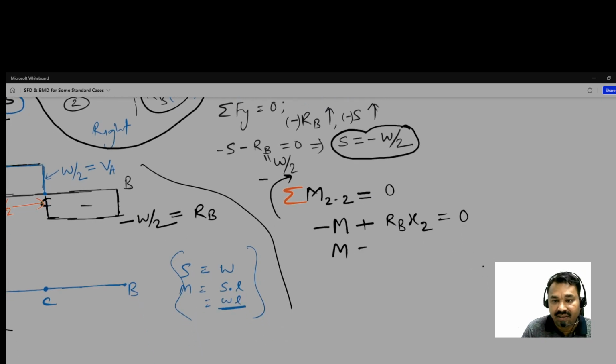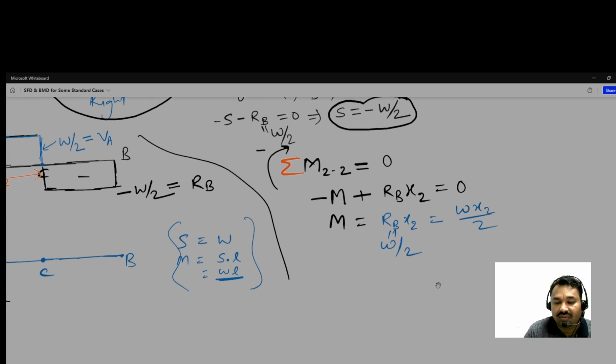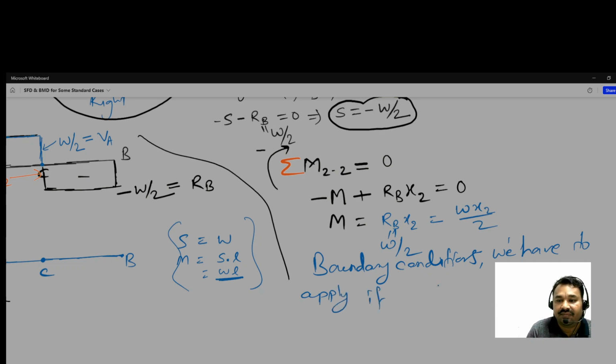So we are getting here, that is RB x2, and RB is what? W by 2, so W x2 by 2. And now boundary conditions we have to apply. Applying boundary conditions, if x2 is equal to 0, what does it mean?